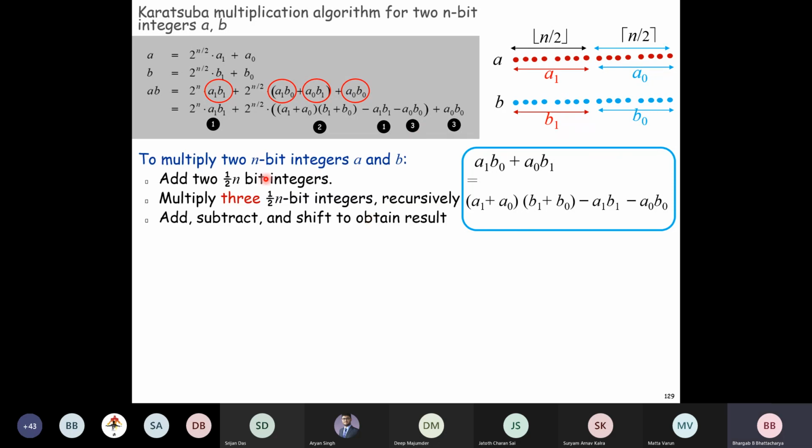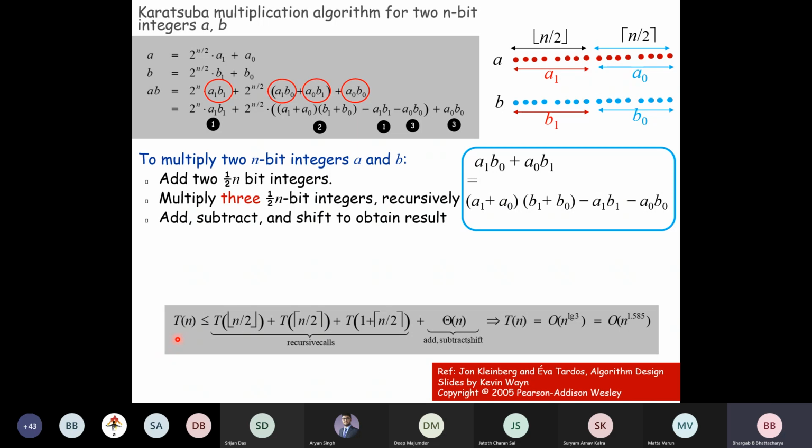It means that to multiply 2 n-bit integers A and B, you need to add 2 n by 2 bit integers. You need 2 addition processes of half the size, and you need 3 multiplication processes of half the size recursively, right? And then you need some addition, subtraction and shift, because multiplication by 2 to the power n and by 2 to the power n by 2 is nothing but a shift operation, which can be done in linear time, right?